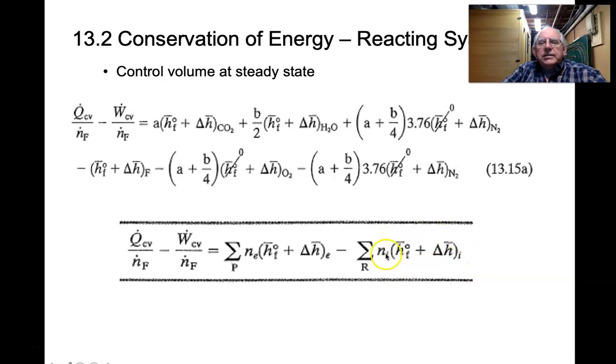And the reactants, the same thing holds. Depending on the fuel and the oxidizer, we might have a heat of formation or we might not. And then we have a delta H for each of the individual reactants depending on what temperature we assume the fuel and the air come in to the combustion chamber relative to the reference temperature associated with the formation process.